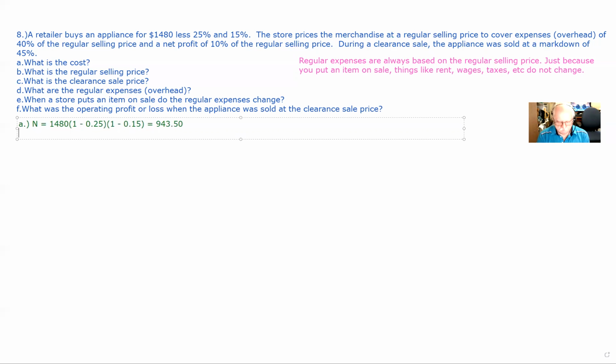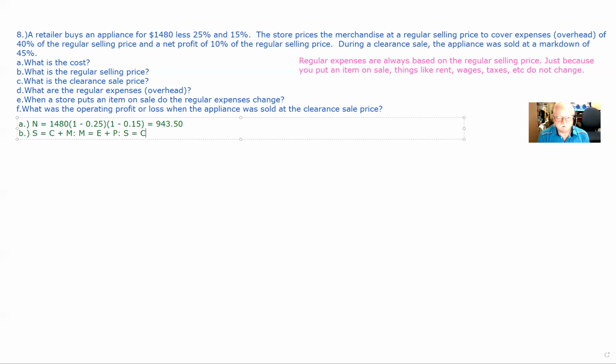For B, we're basically looking at S equals C plus E plus M. But in this case, they've told us that M equals E plus P. They've told us what those are, so we have to put them back into this equation.